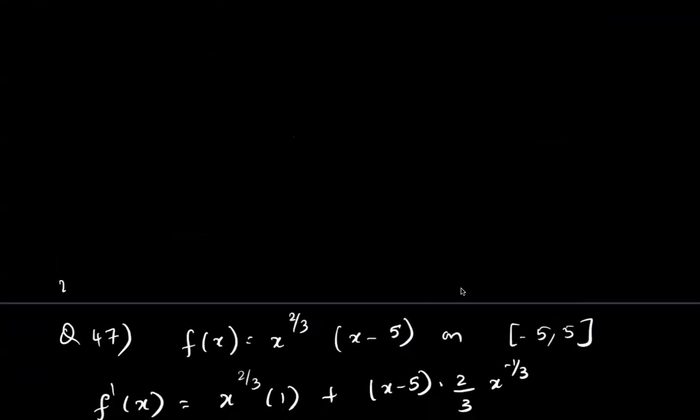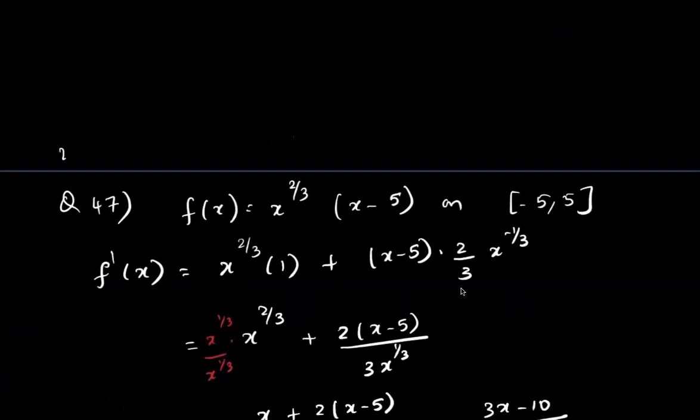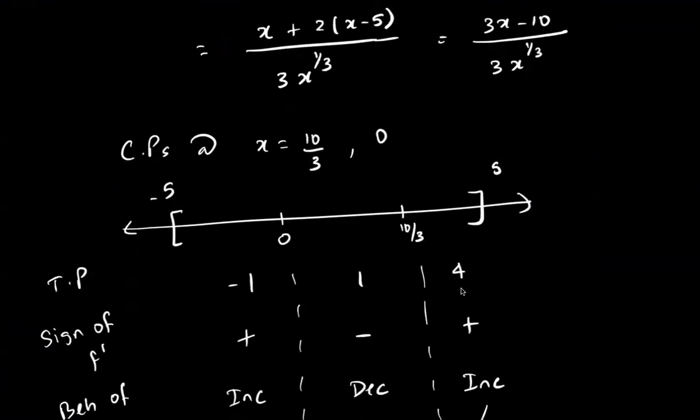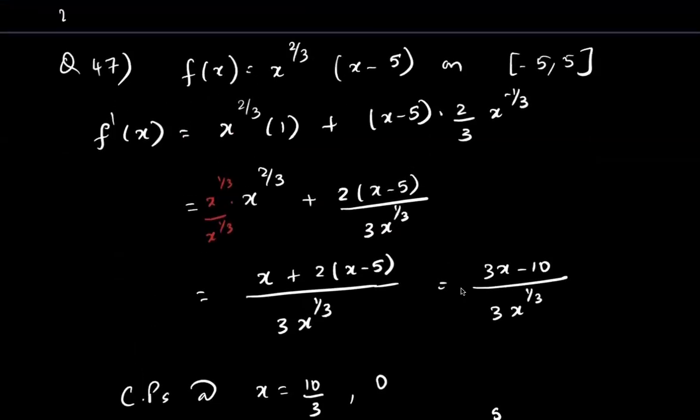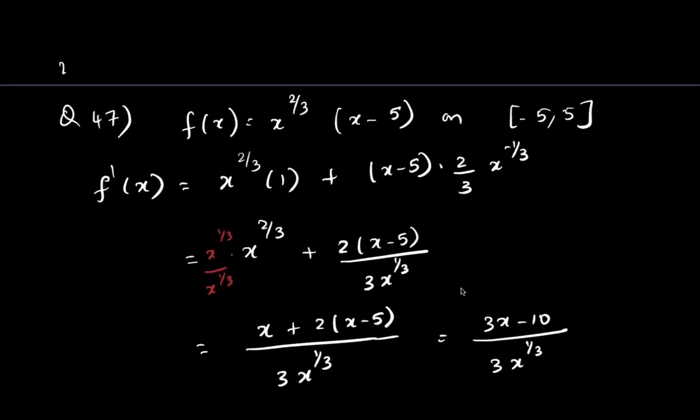It's going to be a little tricky, right? So, let's see how best I can do it. -5 means -5 minus 5 is -10. So I'm going to use a calculator to approximate it. So -5, right? x to the 2/3, x minus 5.